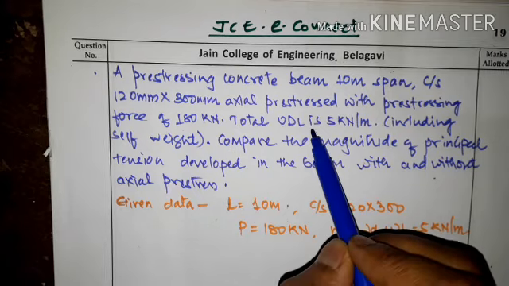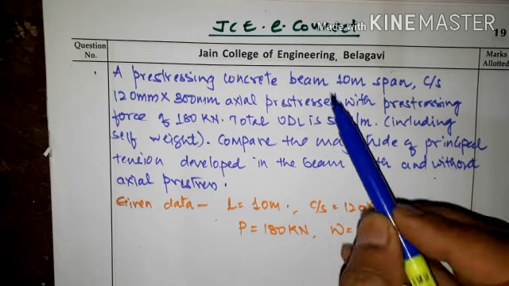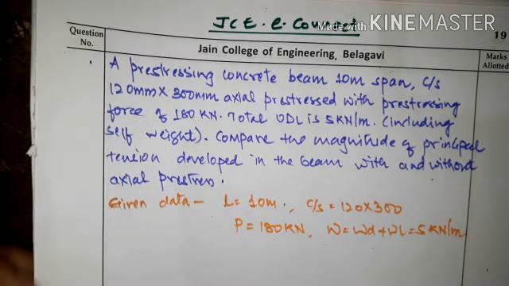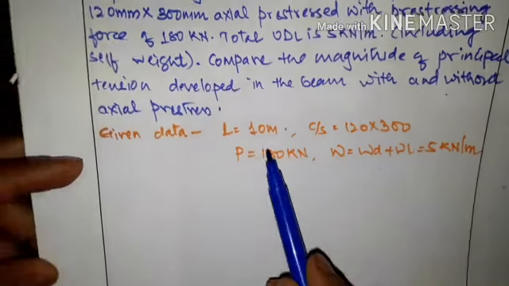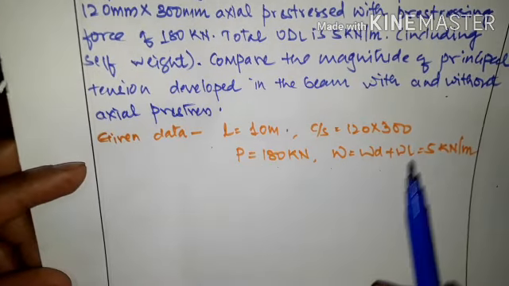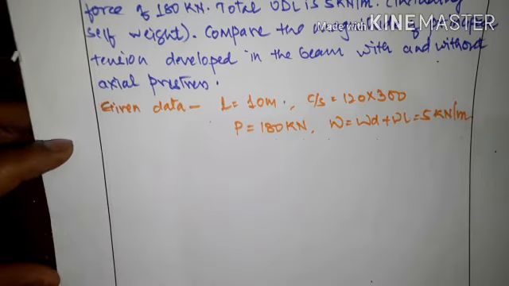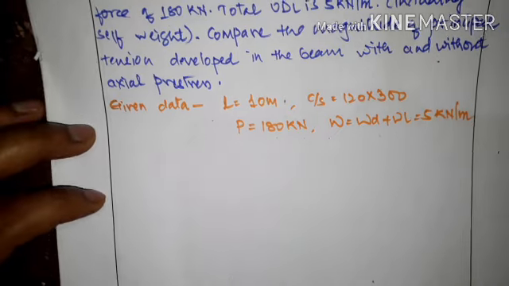The total UDL is 5 kilonewton per meter, including dead load and live load. I have written the given data here: L is 10 meter, the cross section, the pre-stressing force, and the total W is 5 kilonewton per meter. Okay, so we will look at the solution now.